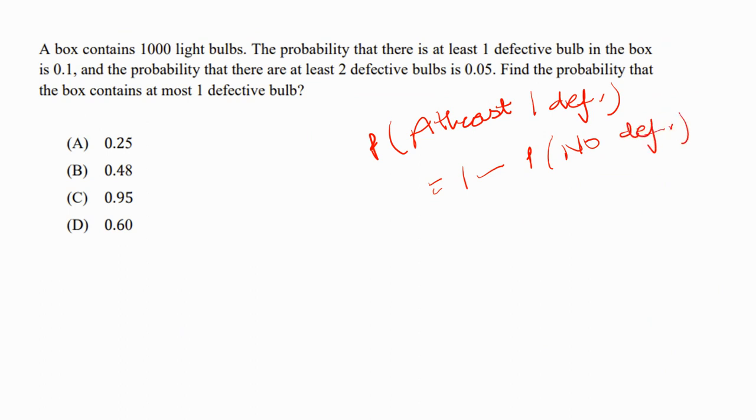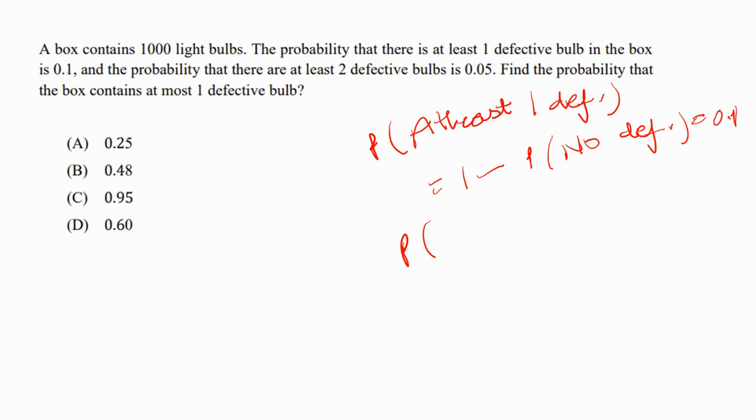You cannot solve it as the probability of one defective, two defective, three defective out of 1,000 and so on, because it would be very tough to find that probability. So we take this simple approach: the probability of at least one defective is 1 minus the probability of no defective.